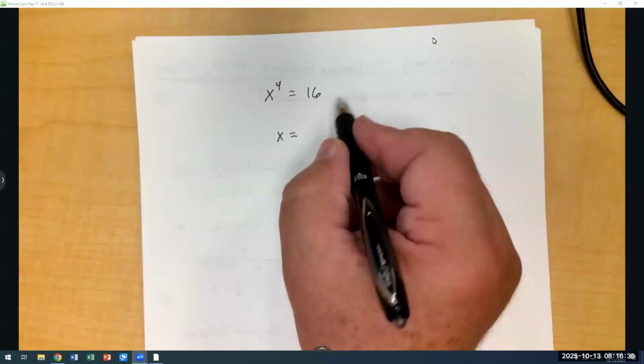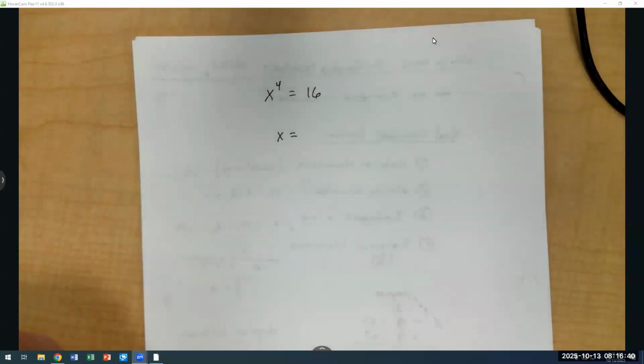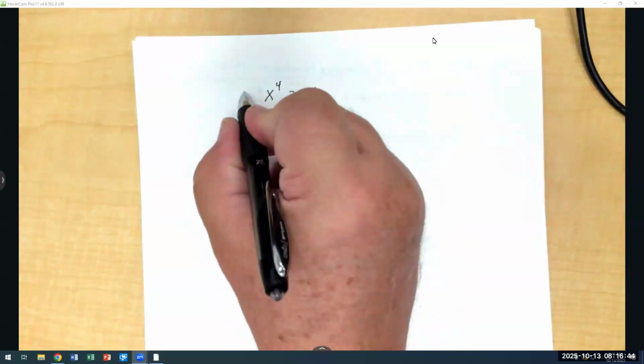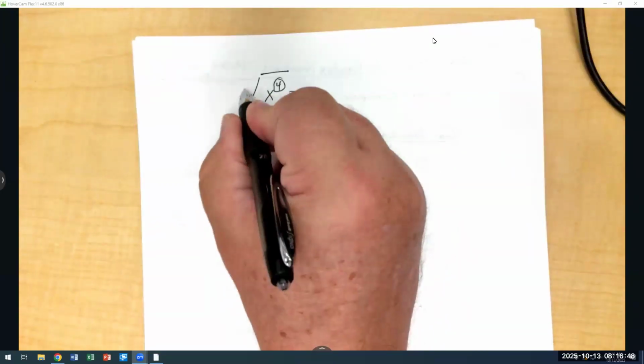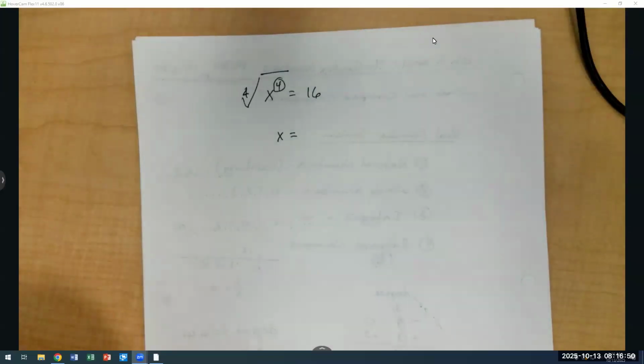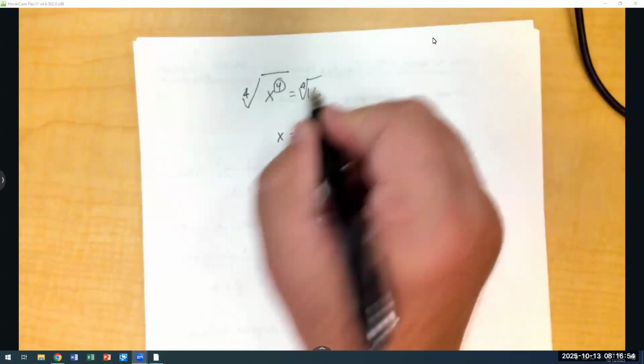No. If I divide both sides by x, then I have an x here. I haven't solved for x yet. Whatever this is, that root goes in there. So I take the 4th root of 16.